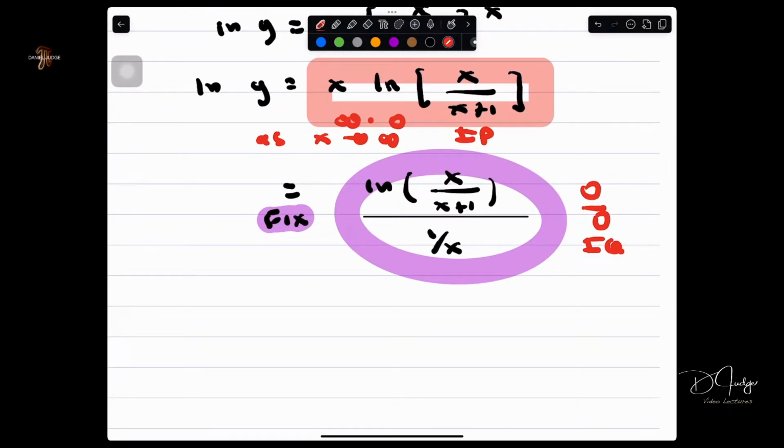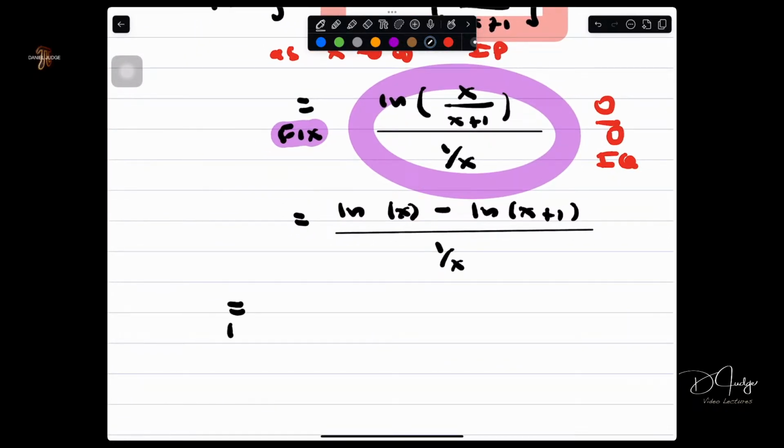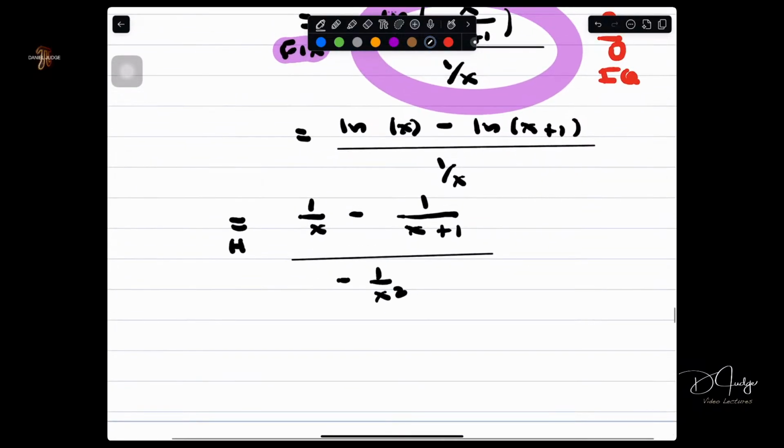So let me continue with some properties here after we fix this. This is the natural log of x minus the natural log of x plus 1 by properties of logs over 1 over x, so that when we apply L'Hopital's rule here, we get 1 over x minus 1 over x plus 1 over negative 1 over x squared.